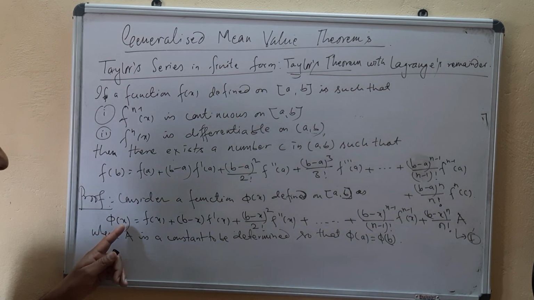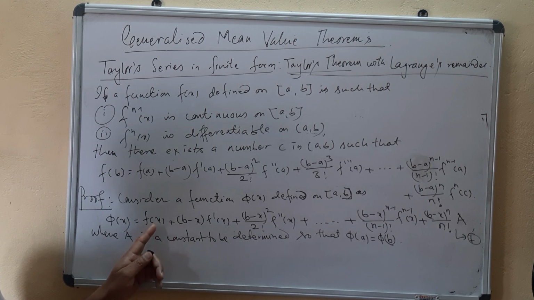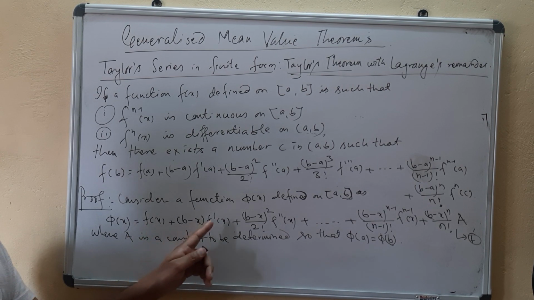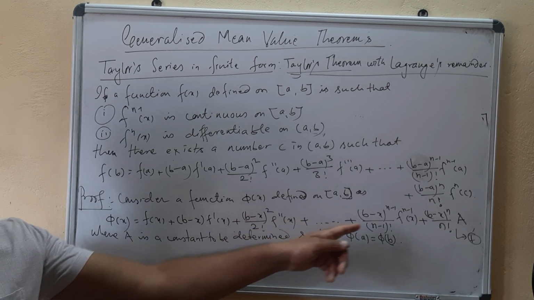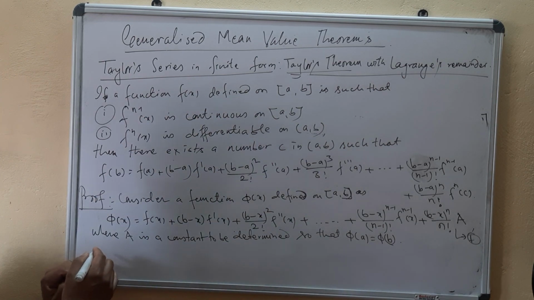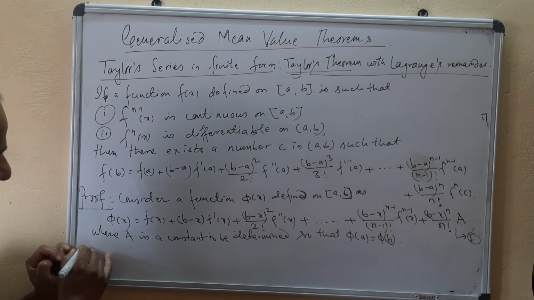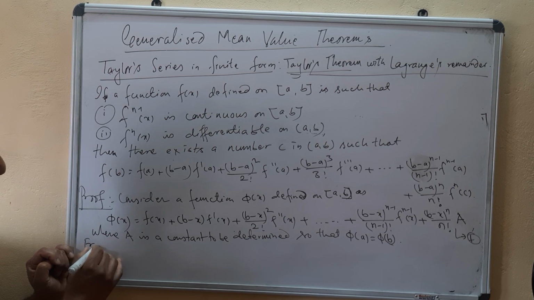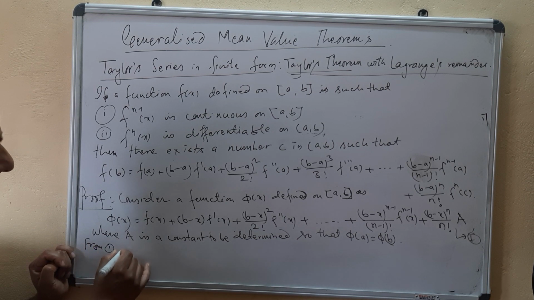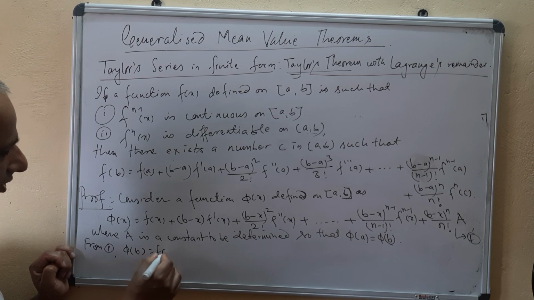It is very clear. If you put x equal to b, except for the first term, which will be f(b), every other term will be 0, because of the factor b minus b. So from 1 you can see phi(b) equals f(b).